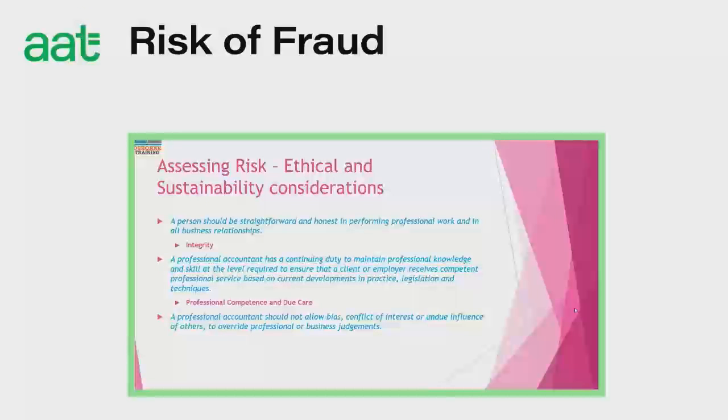Our next one then, a professional accountant should not allow bias, conflict of interest, or undue influence of others to override professional or business judgments. All right, let's see what everyone thinks. I'm going to give you a moment.